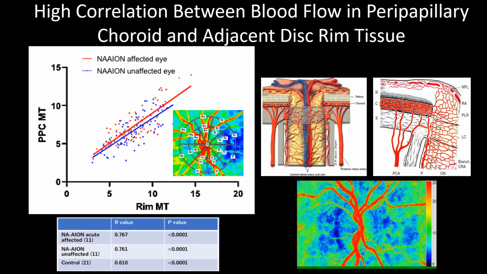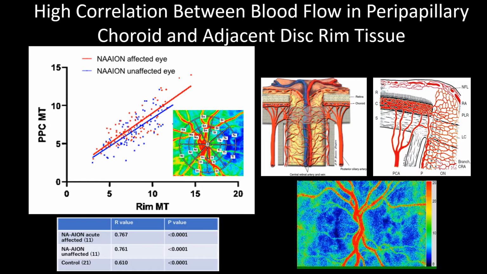And you can see that there is a very high correlation between blood flow in the rim tissue and the adjacent peripapillary choroid. This correlation is of the order of 0.7 to 0.8 correlation coefficient, and a high correlation is even present in normal eyes.